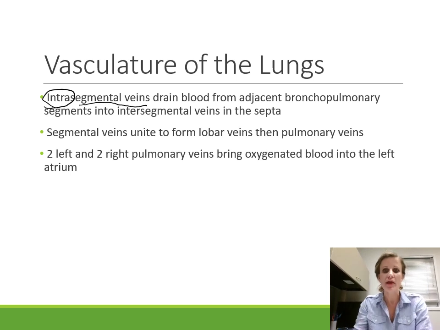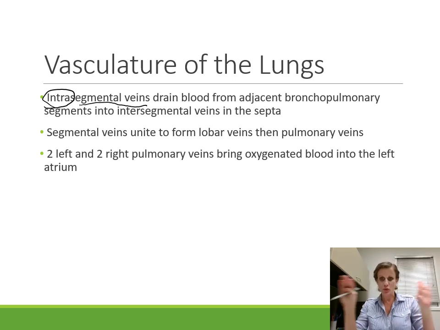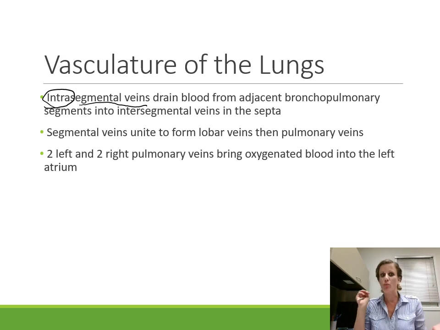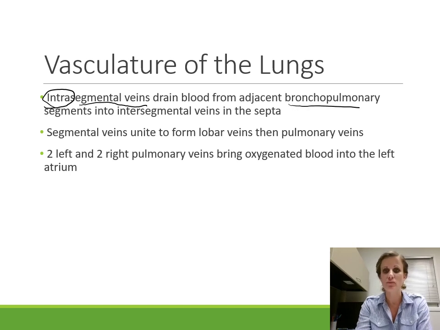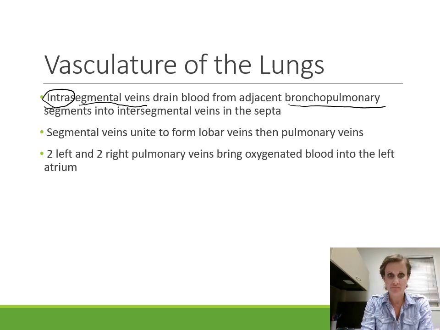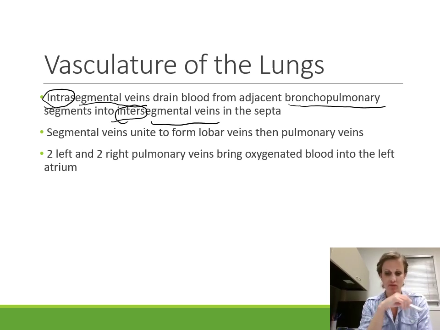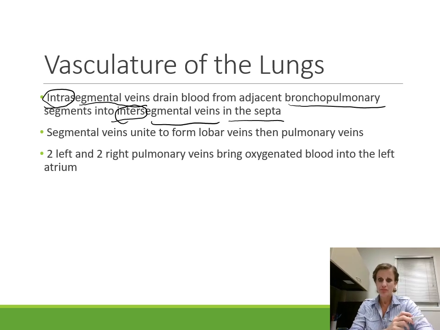Intra-segmental veins drain blood to the adjacent bronchopulmonary segments. Okay, so an intra-segmental vein will be collecting from two different bronchopulmonary segments, and the intra-segmental veins end up merging into inter-segmental veins. The intersegmental veins follow along the septa.